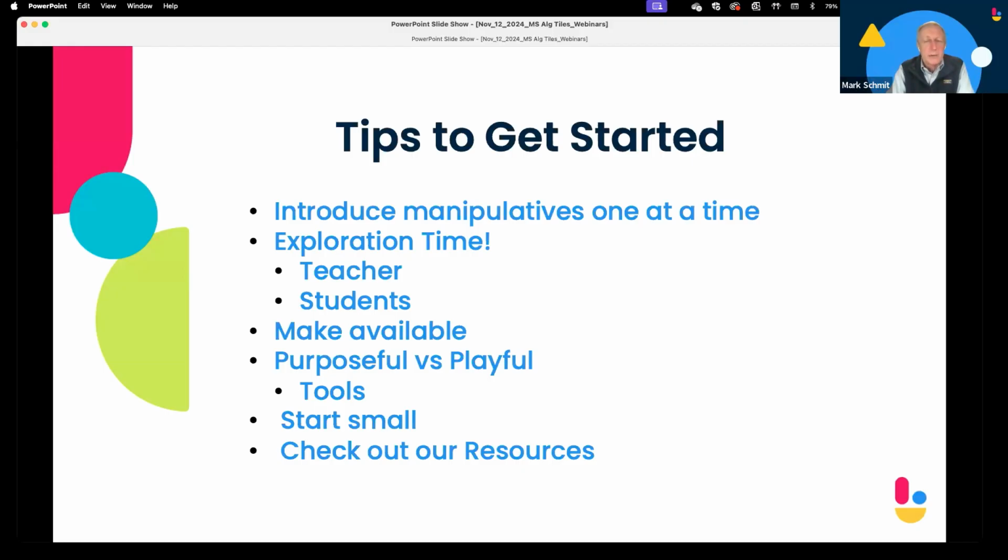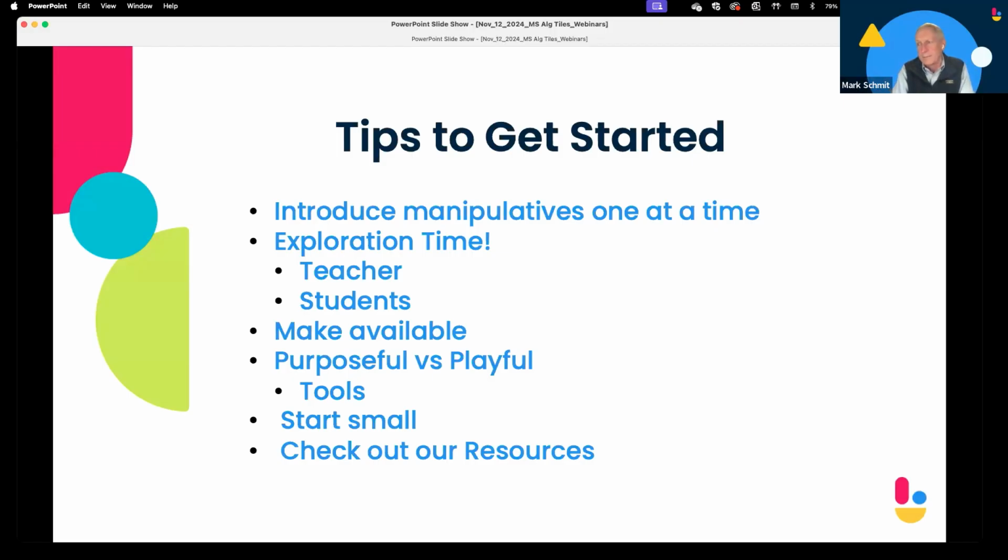Make sure you have some exploration time, not just for your students, but for you as well. We were going to look at Cuisenaire rods tonight. That's one that for me, you really have to spend time getting to know the relationships between those rods before you can really do any meaningful tasks with them. So make sure you work in some exploration time.